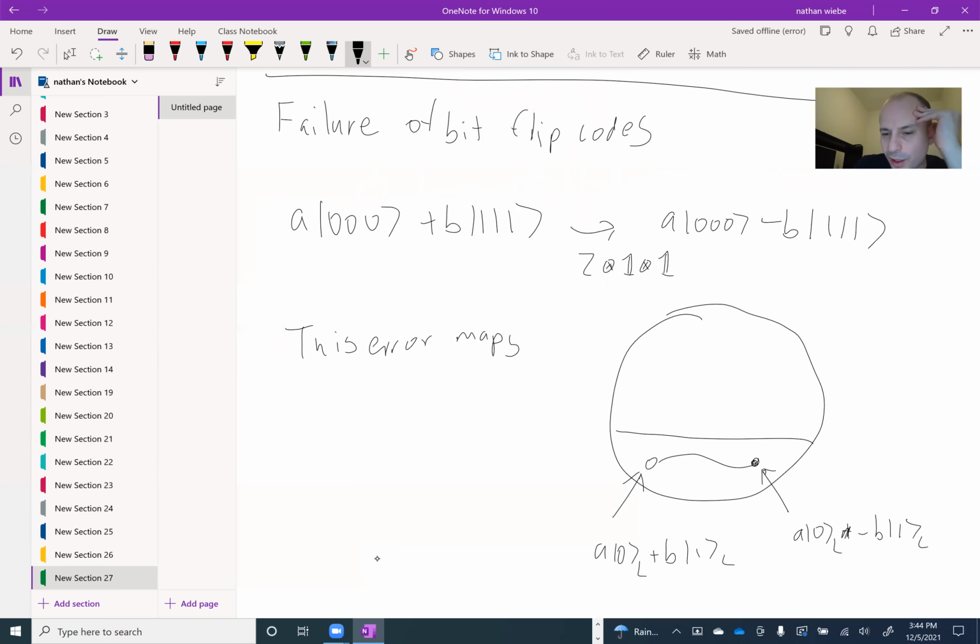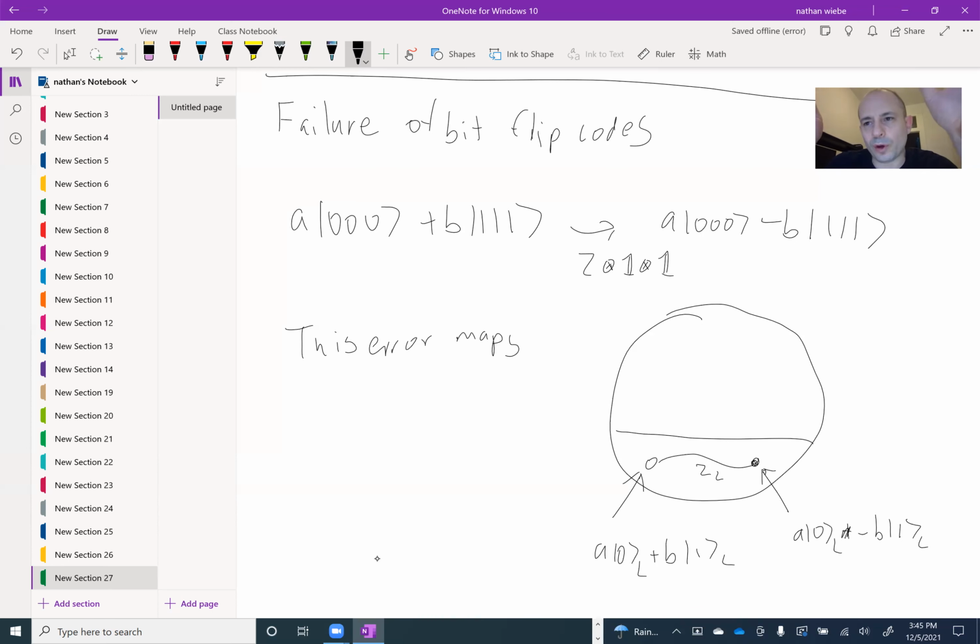So this acts just like a Pauli Z on this space. So this error is Z logical. And so an error from a single bit error that ends up happening on our encoded information is not protected against one iota. This physical error translates to an error in our interpretation of the quantum state, meaning that we don't suppress these errors whatsoever.